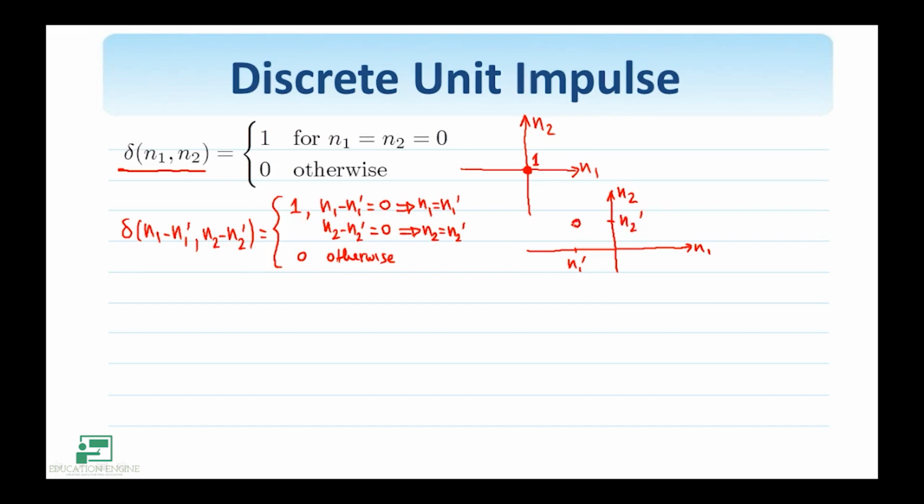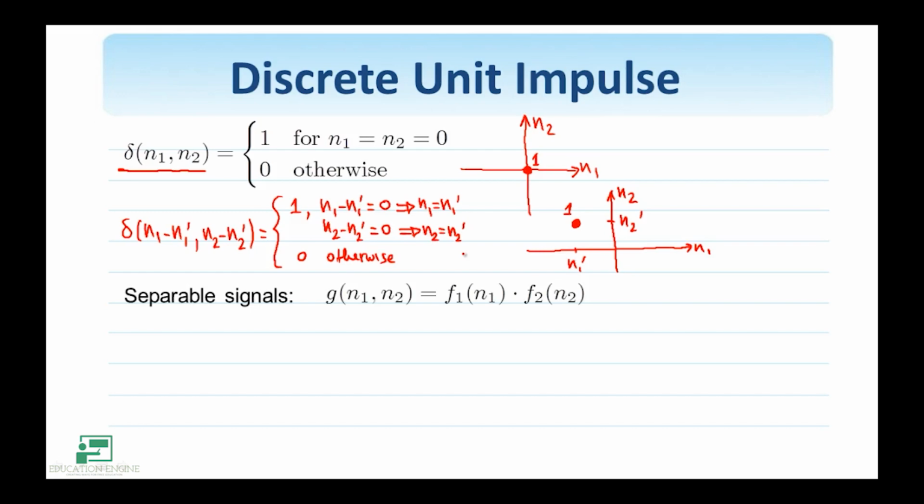Therefore, in this case, I have a signal like this. So it's a delta, its value is 1, and it's 0 everywhere else on the plane. I can talk about a three-dimensional delta by introducing an n3 there. So the definition will extend to 1 when n1 equals n2 equals n3 equals 0. An interesting notion is the notion of separable signals.